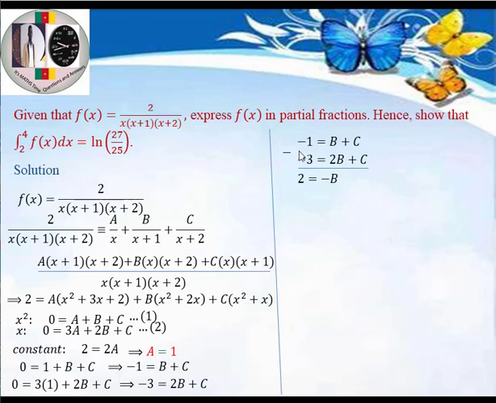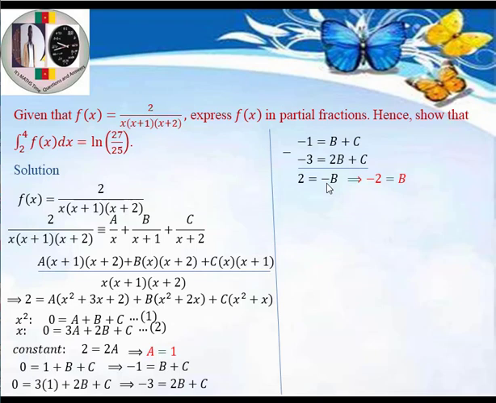So we'll have minus 1 plus 3, and minus 1 plus 3 is 2. And b minus 2b is minus b. So this implies that to find b, we divide both sides by minus 1, to eliminate this b here. So in that case, we'll have b equals minus 2.